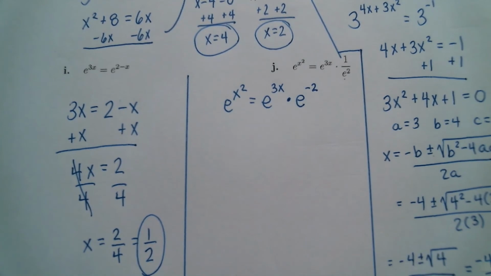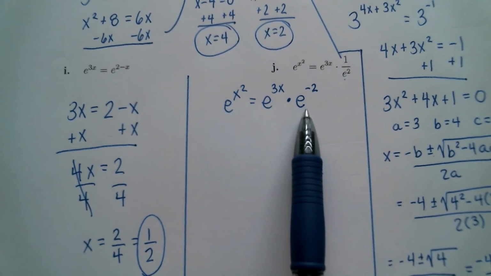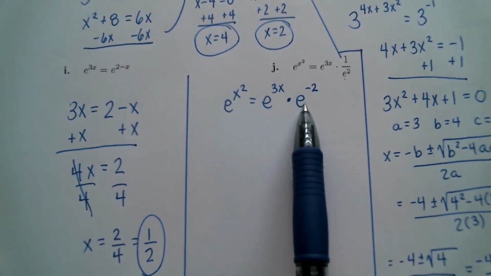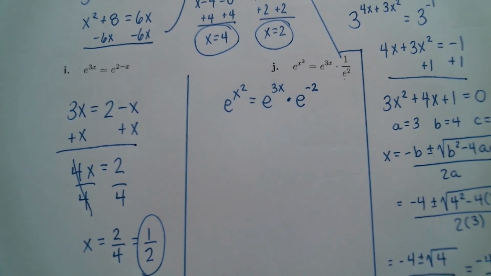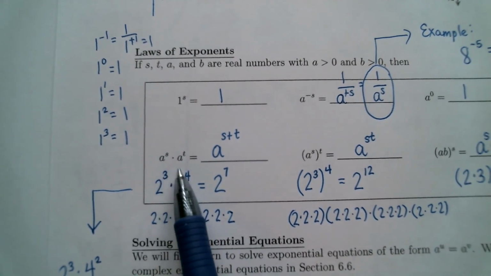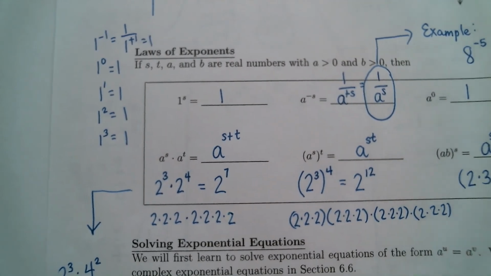Okay, you have base e on both sides. But I need 1 power of e equal to 1 power of e. On the right side, we have two e's. We need a single power of e. So if you have a power of e times a power of e, that is when you are going to add the exponents, because if you have a power of the base times a different power of the base, you want to add the exponents.